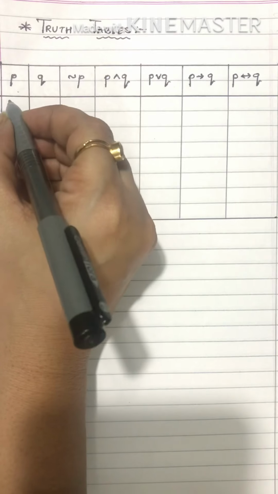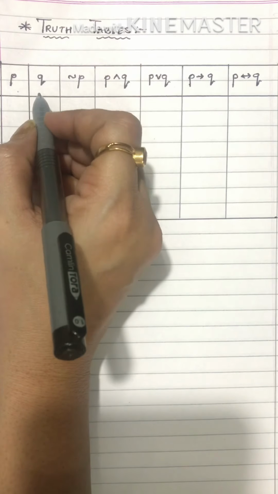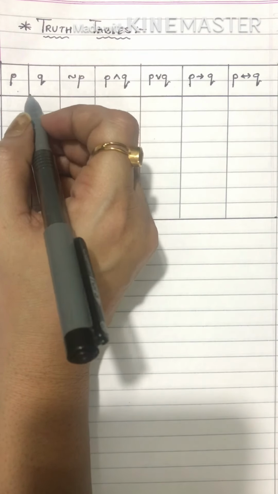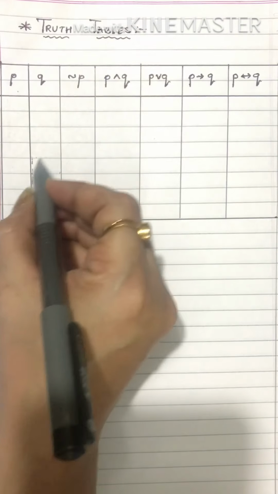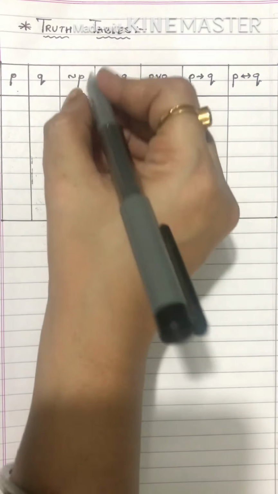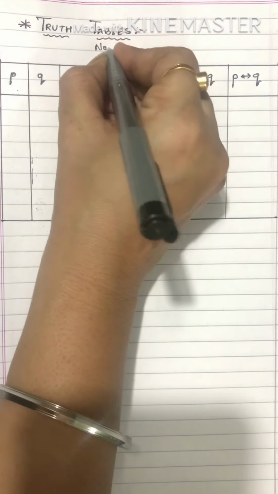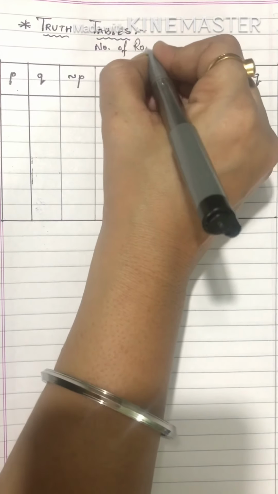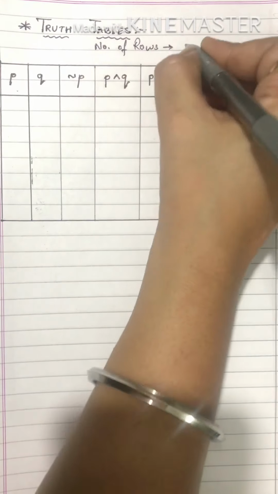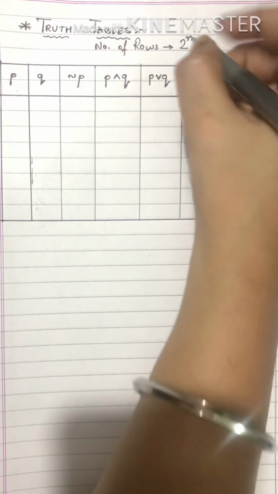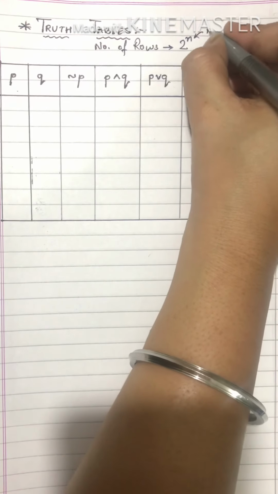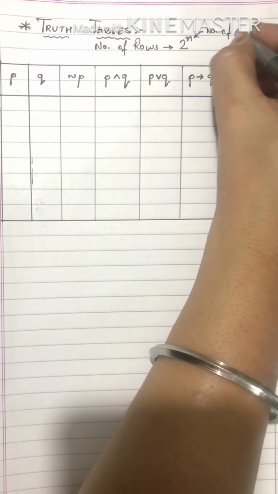Now suppose we have P and Q, two statements given, and now how many rows will be required? How to check that out? Number of rows. We use the 2 raised to n formula, where n is the number of statements.